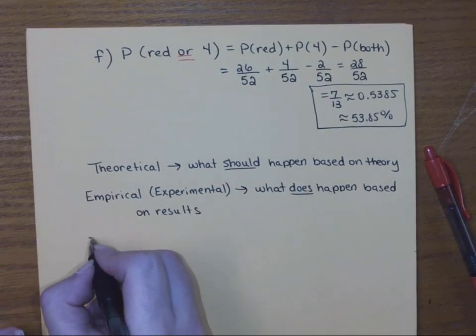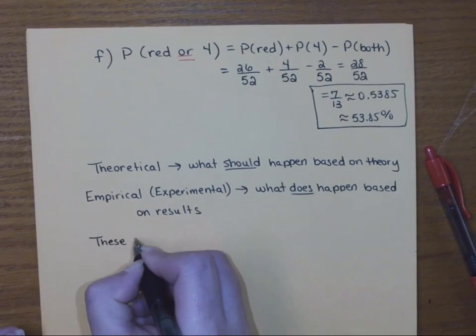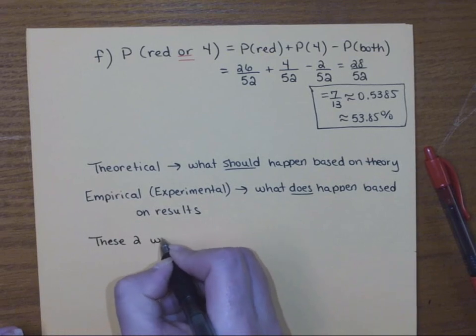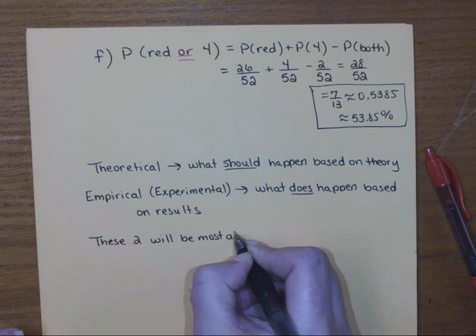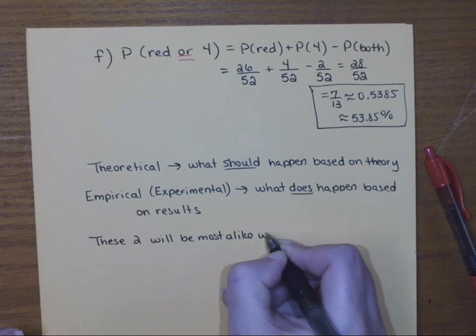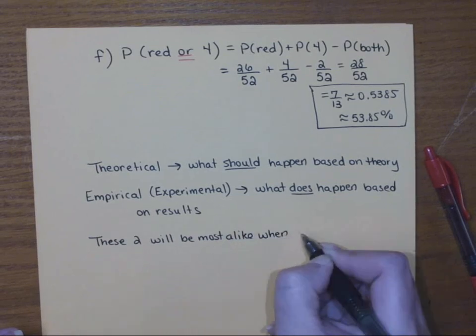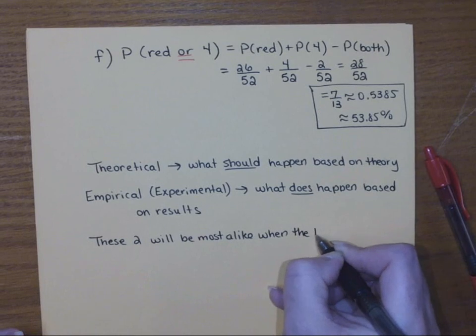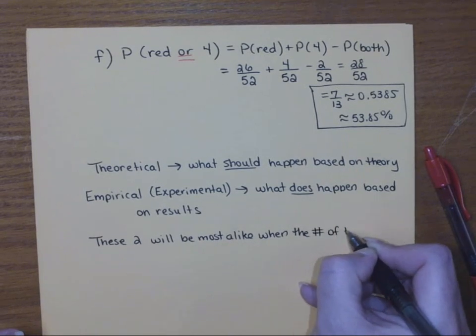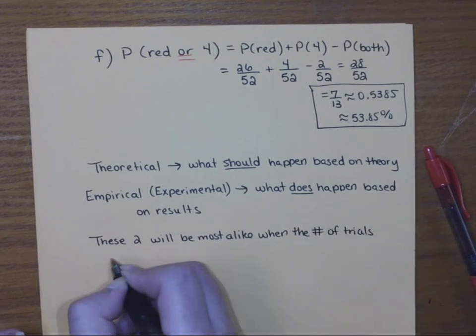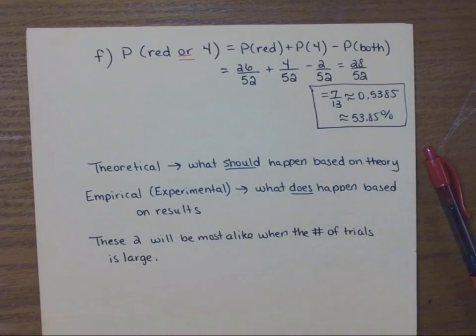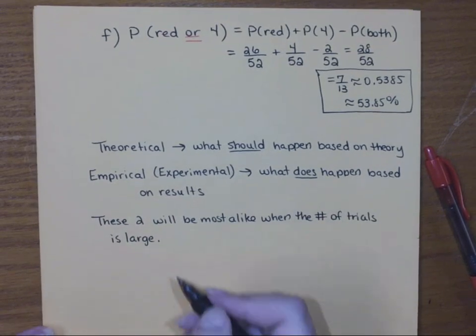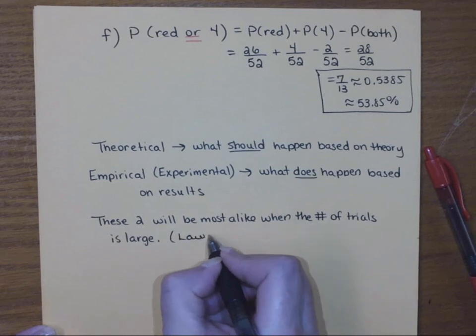And it turns out these two things will be most alike or closest when the number of trials is large. And that is called the law of large numbers.